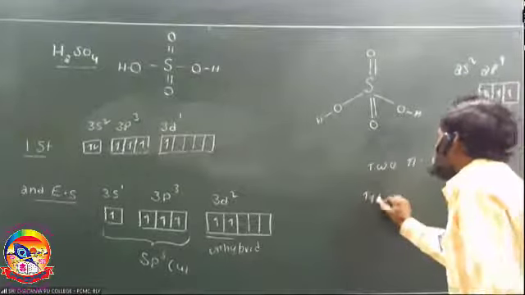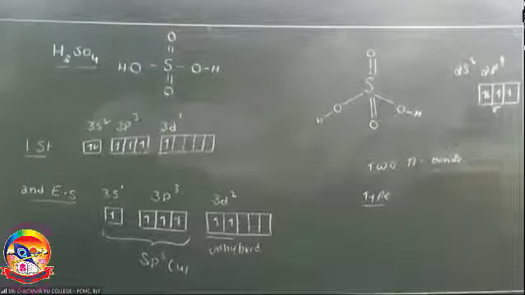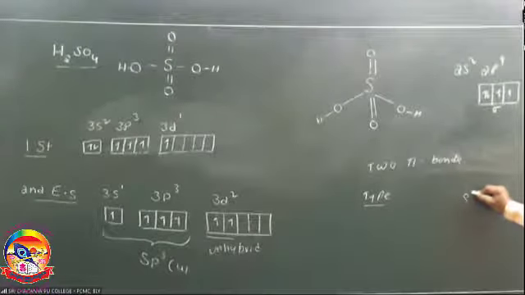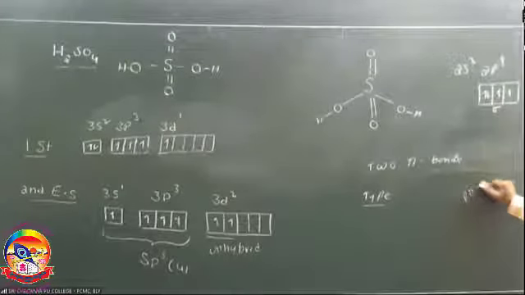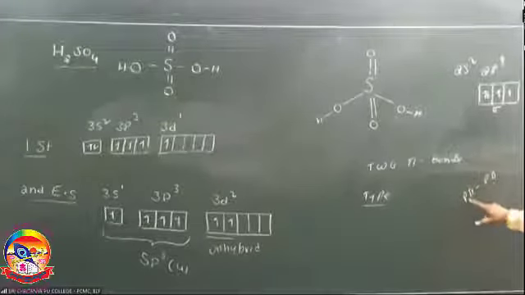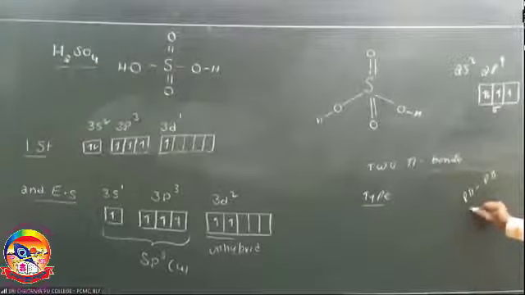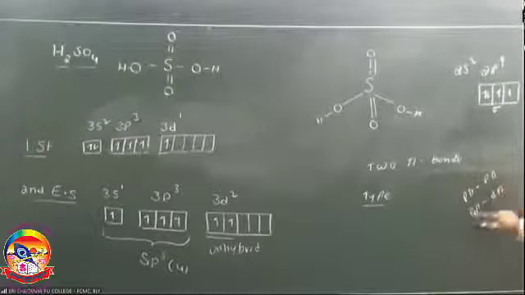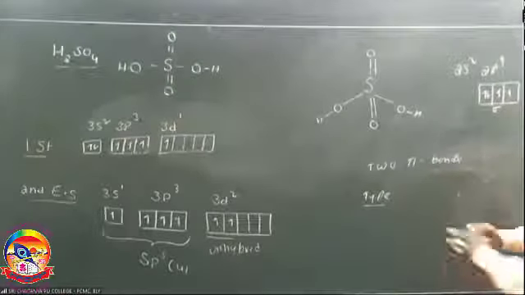What is the type of pi bond in sulfuric acid? If a p orbital is laterally overlapping with a p orbital, it is called a p pi p pi bond. If a p orbital is overlapped with a d orbital, it is called a p pi d pi bond.